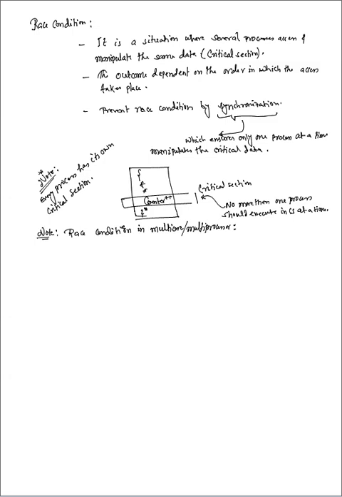So when two or more processes, I am using a new term, thread. For time being you can consider that a thread is a lightweight process. It's also a type of process which is very light. We'll discuss it in detail in later classes.